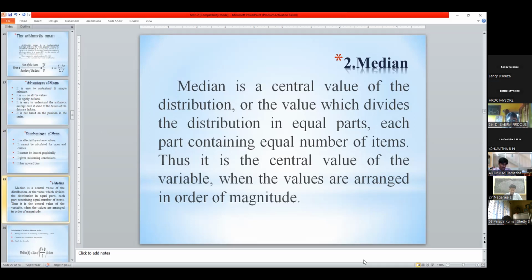Suppose you want to divide your entire sample into two groups, you can calculate a median and then divide into two equal halves, taking median as the measure of central tendency. So suppose you want to make a high group and low group, or high achievers and low achievers, in such cases you can go for the median.